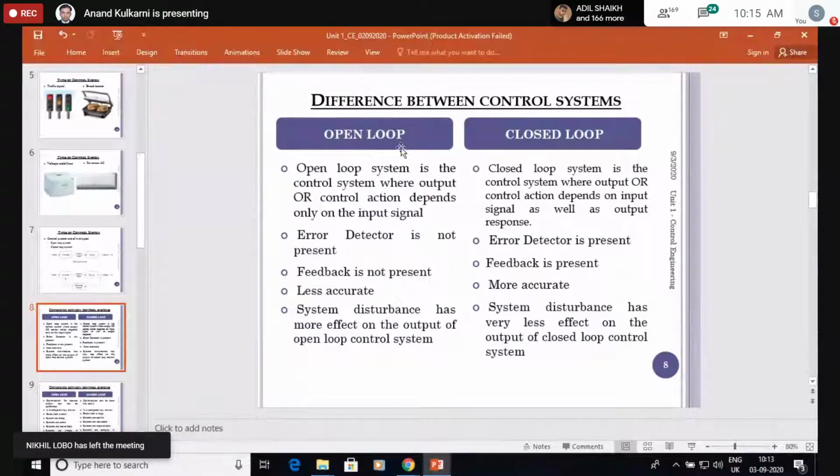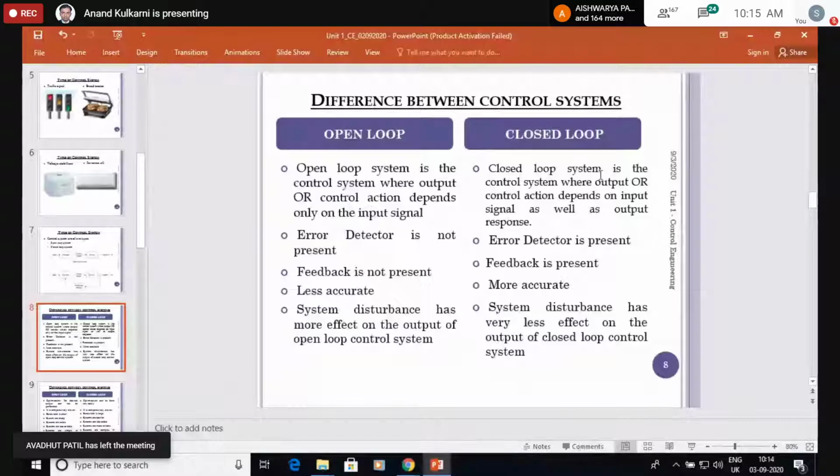If the input signal changes, the output also will change. Like I have given the example of a fan. If the kVA voltage changes, the speed of the fan changes. If the regulator position is fixed, the speed of the fan is not guaranteed. It depends upon the input signal which is coming from kVA.